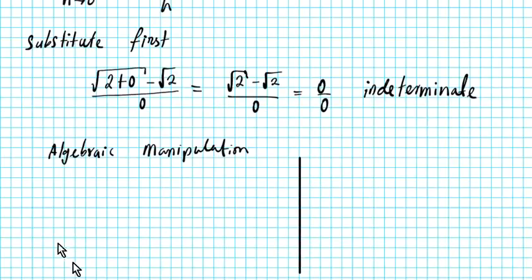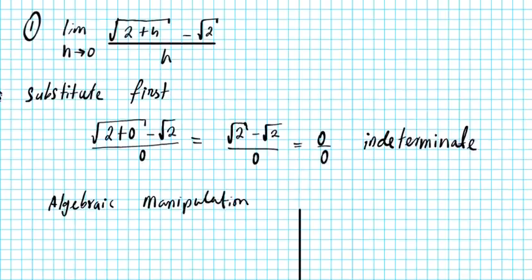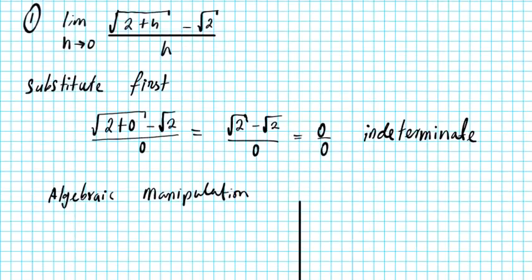We're just going to use the tools of algebra to see if we can manipulate the expression into a form where we do not get an indeterminate form when we evaluate the limit.